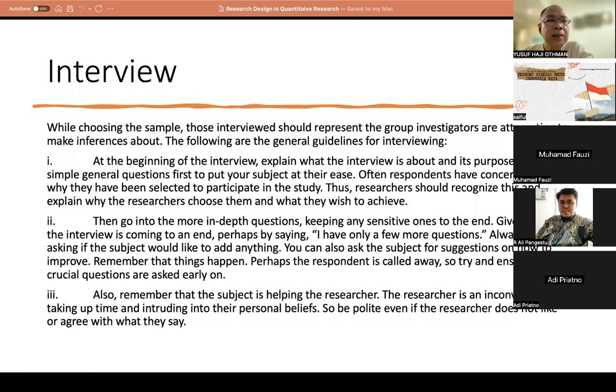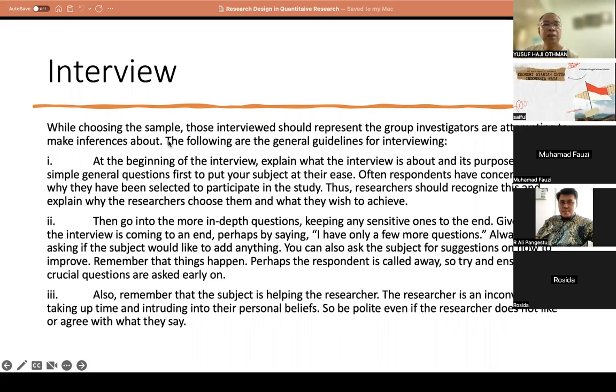So the next method is interview. Interview is a kind of data collection used by qualitative as well as quantitative research. In an interview, those that we interview should represent the group the investigators are attempting to make inferences about.